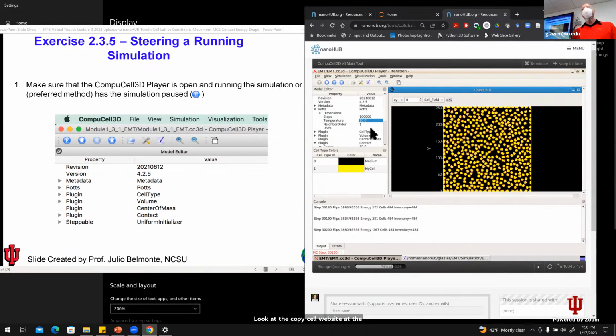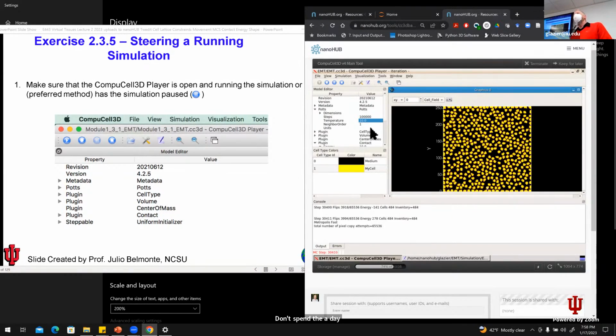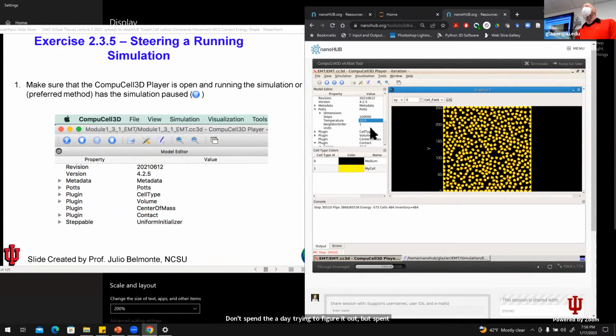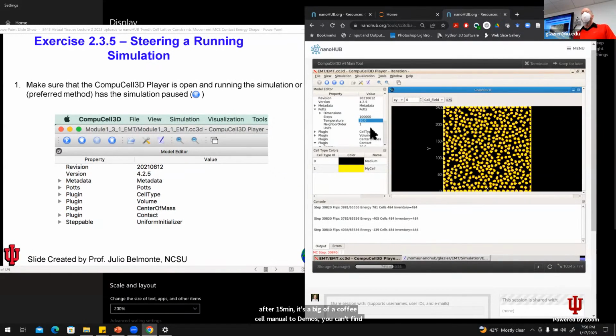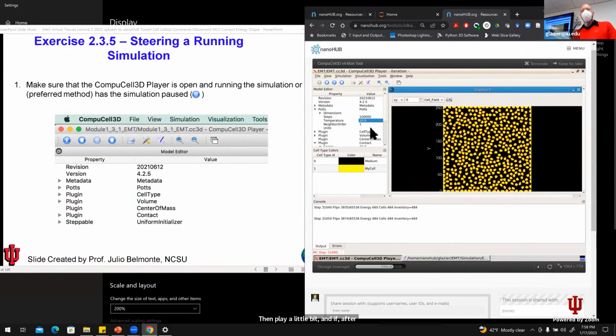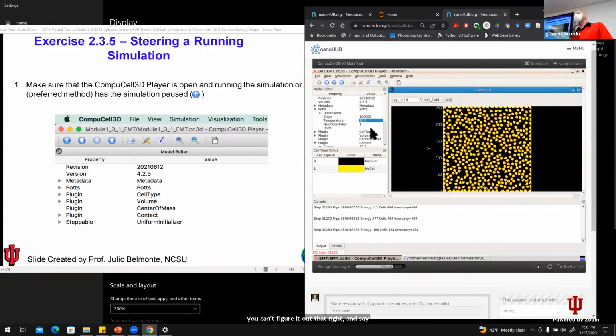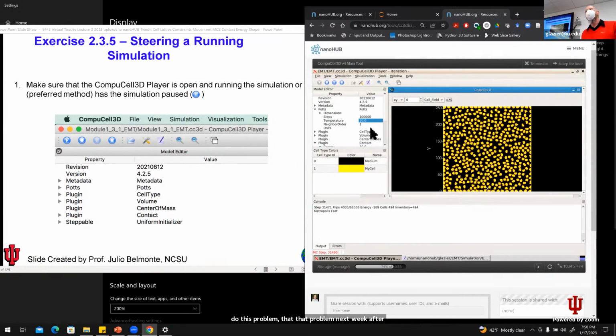Don't spend a day trying to figure it out, but spend 15 minutes. If after 15 minutes of digging in the manuals and demos you can't find the answer, then play a little bit. And if after 15 more minutes you can't figure it out, then write and say, I'm going to do this problem next week after we've explained it in class, okay? Or bring it up as a question.